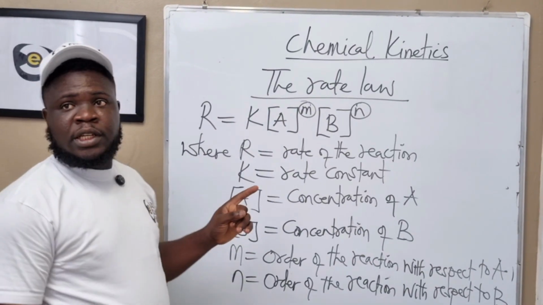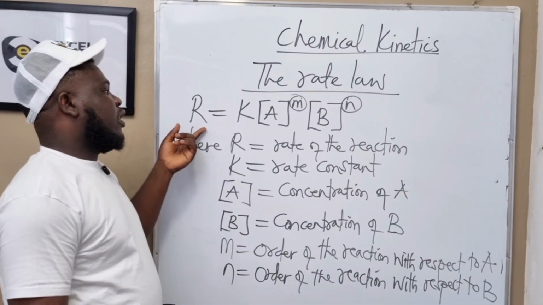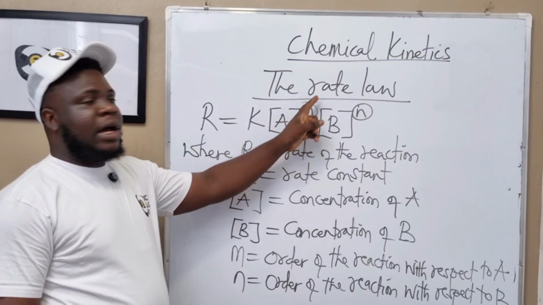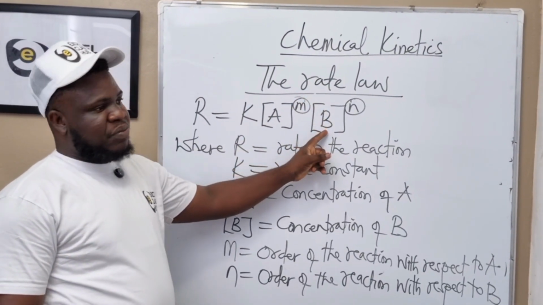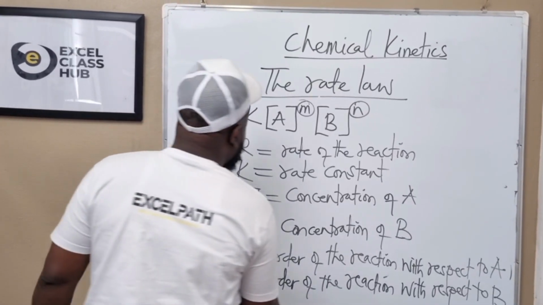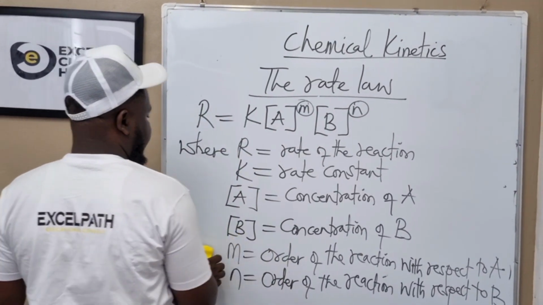So like we said, the rate law expression is represented by R is equal to K, concentration of A raised power M, concentration of B raised power N. All right, let's move ahead.